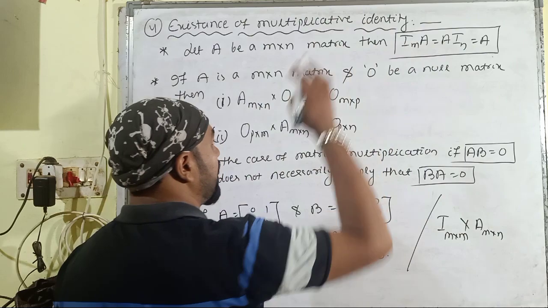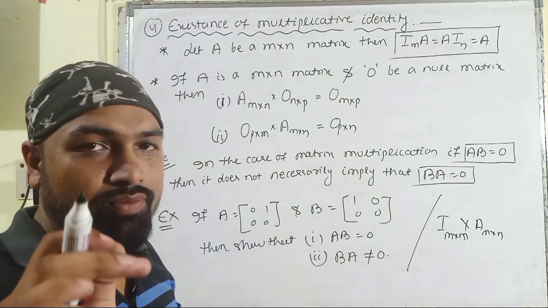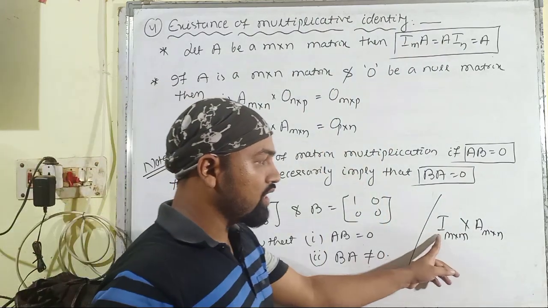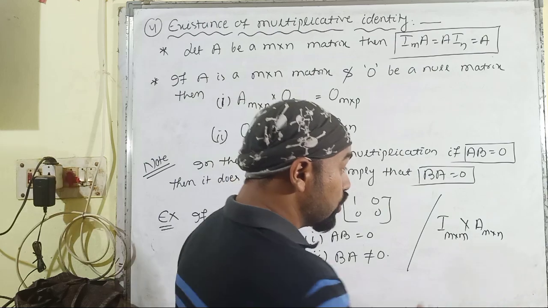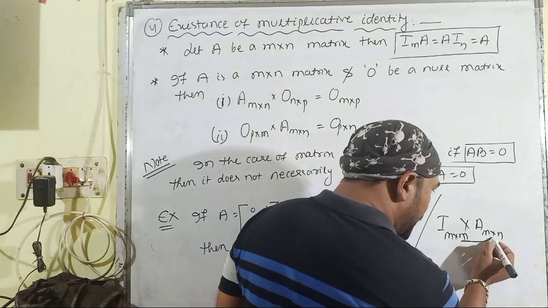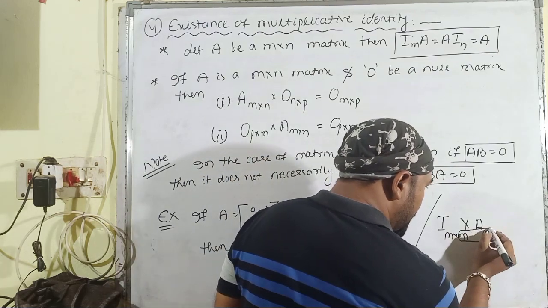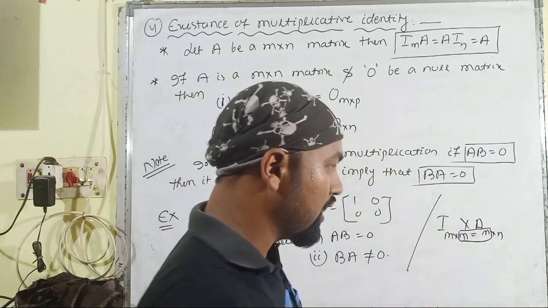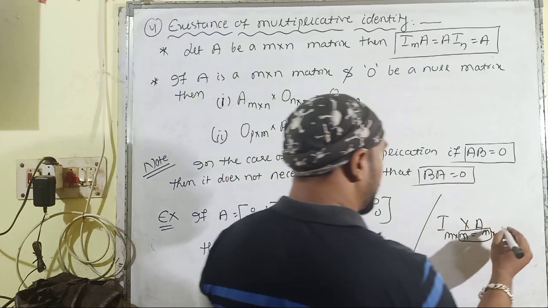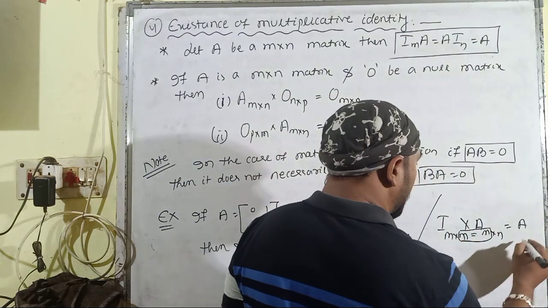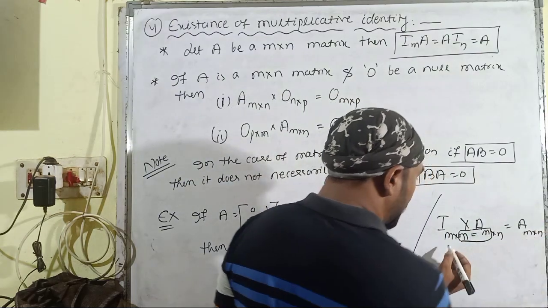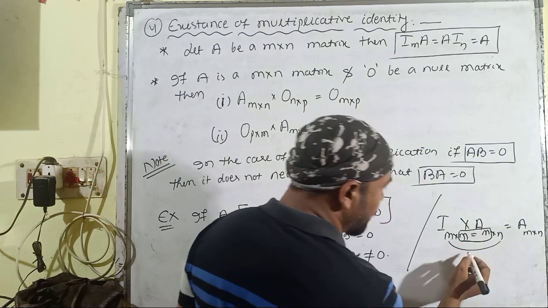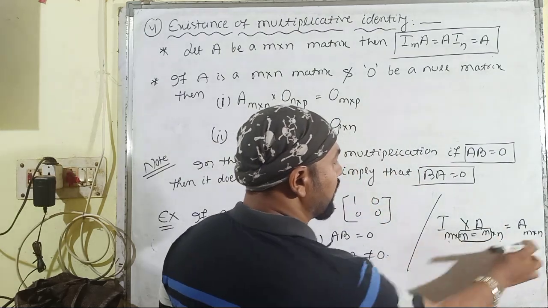For this reason I have written I subscript m, so that the number of columns of the identity matrix is equal to the number of rows of the given matrix A, and the resultant matrix will be A, that is m cross n here, because you can see that the remaining two elements are m and n.